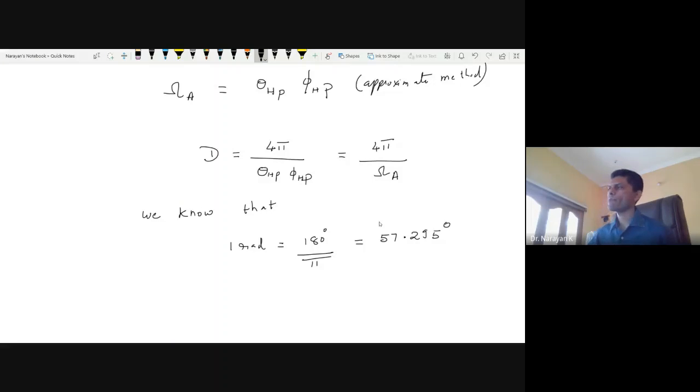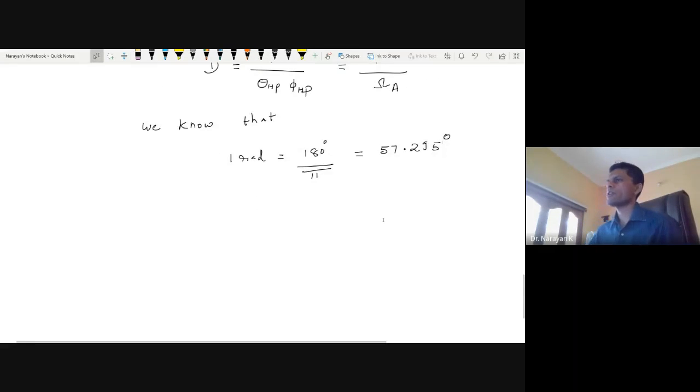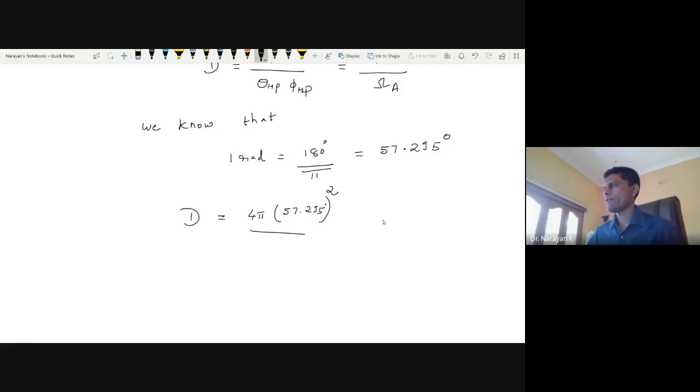So if you want to convert the above equation into degrees, directivity is equal to 4 pi into 57.295 degrees whole square, divided by theta of HP into phi of HP, in degrees.